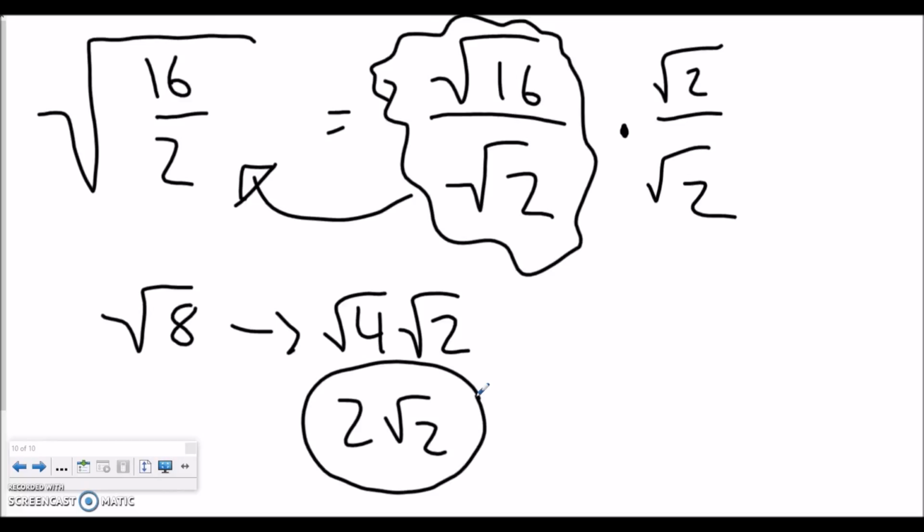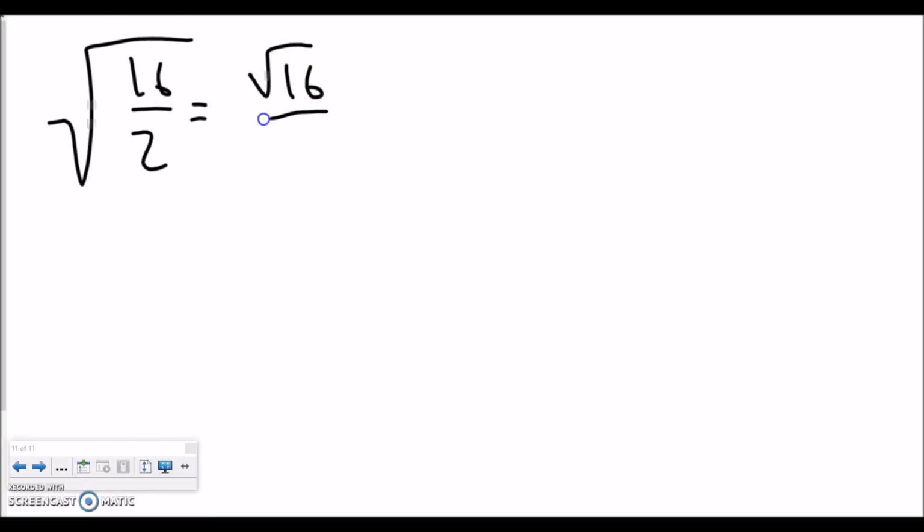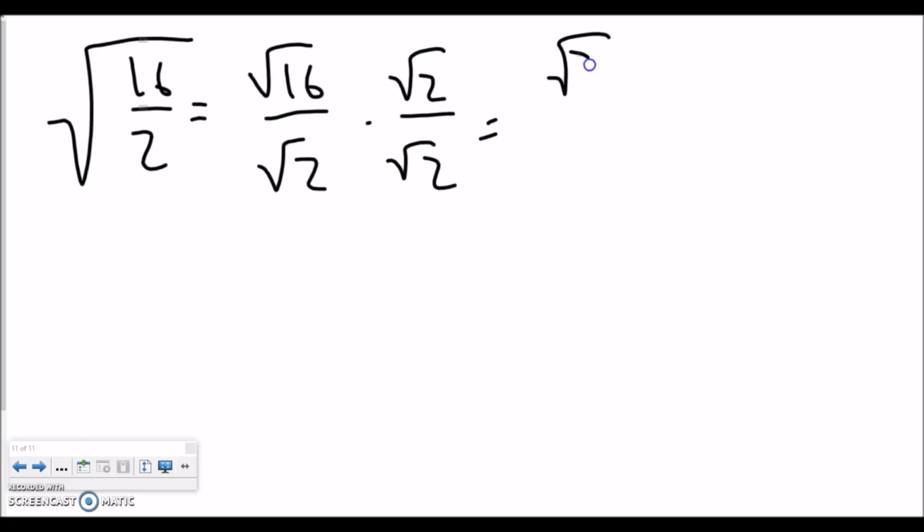But what if we didn't reduce? Let me do that. So you said, all right, Mr. Repka, I didn't notice that that reduced. And I just broke it apart, and I multiplied it by the square root of 2 over the square root of 2. And I said, hey, that's the square root of 32 over 2. I'd say you're right so far, but you're not done.